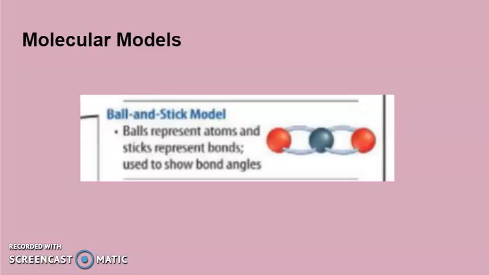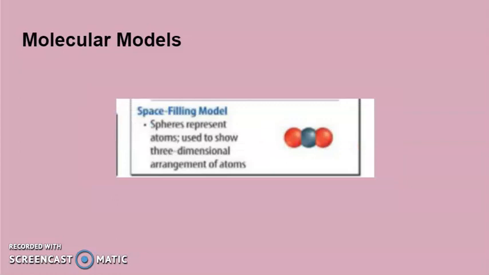The structural formula shows the atoms and the lines, the double bonds, and each line represents one shared pair of electrons. Another example of a molecular model is the ball and stick model. And here the sticks are actually bent a little, to show the types of bond angles happening in this specific type of molecule.